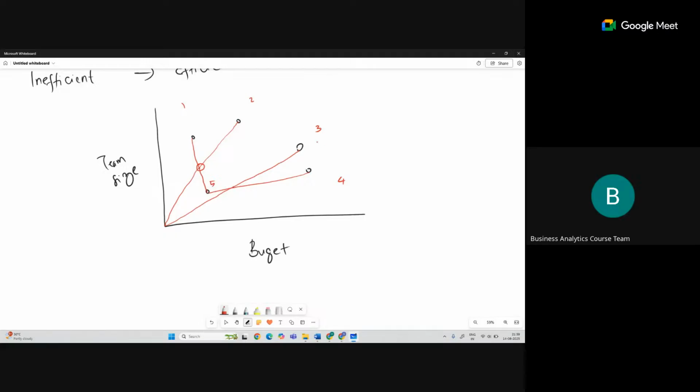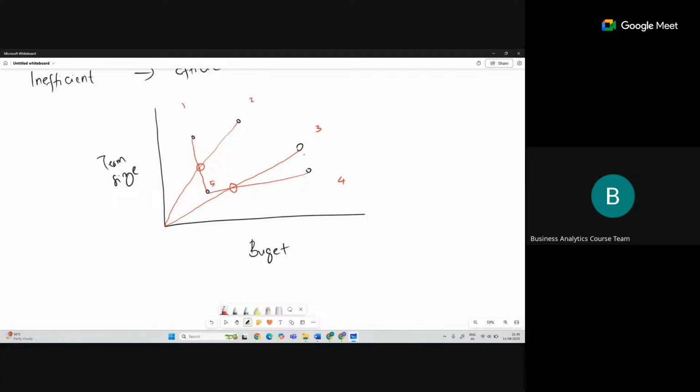Similarly, 3 from here has to move and come here. If 3 has to become efficient, it has to reduce the budget and it also has to reduce the team size. Both. You cannot only reduce the team size and become efficient. You cannot only reduce the budget and become more efficient. You have to cut down on both to become efficient. So if 3 travels from this point to this point, it is going to become efficient.